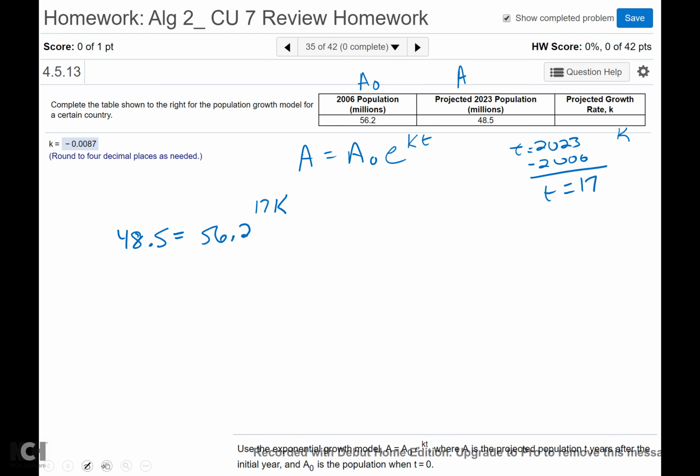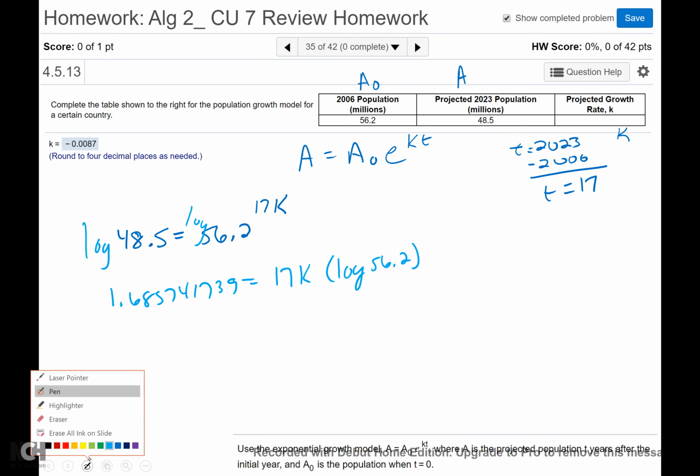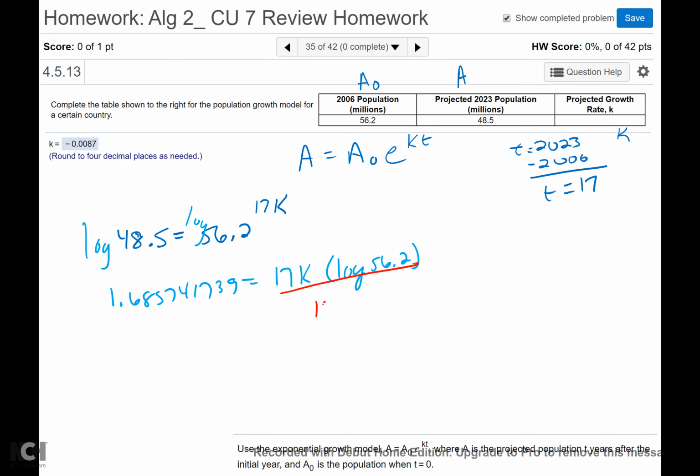Alright, so I've got to get it out of the exponent, so I'm going to log both sides, or you could natural log both sides. Okay, that's going to give me log of 48.5, which is 1.685741739, equals 17k times log 56.2. Now to get k alone, I'm going to divide by 17 log 56.2, but be careful.